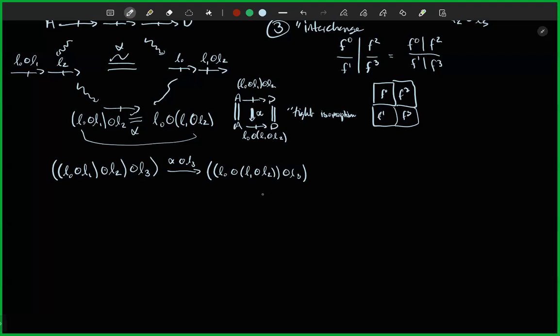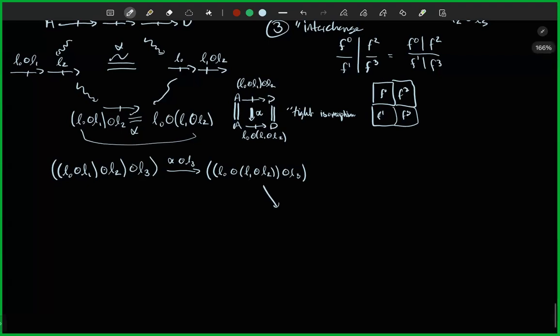Then what I can do is I can take this expression here and I can reassociate it to get L naught dot L1 dot L2 dot L3. And what is that? Well, that is an associator, but it's an associator of L naught, L1 dot L2, and L3. Right? And then I can do the associator L naught dot associator to get L naught dot L1 dot L2 dot L3.